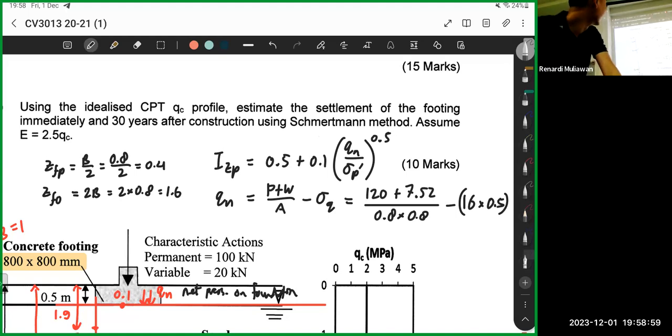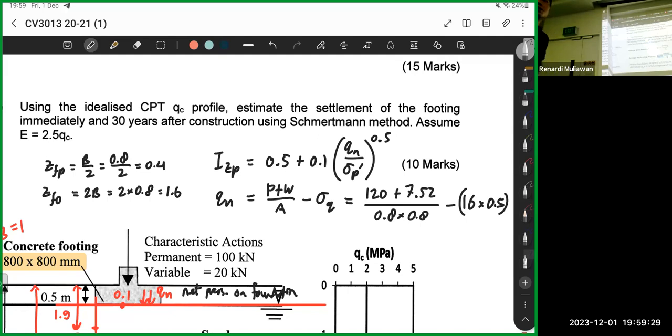Check the cheat sheet as well. Yeah, this one: P plus WF divided by A. This one is Qn.